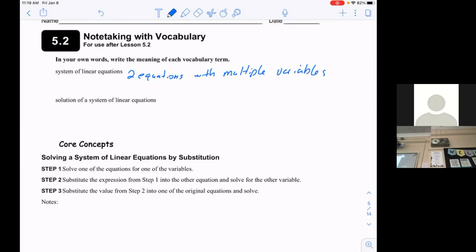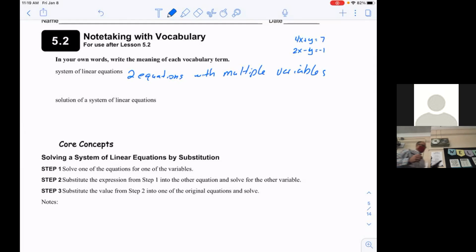And I should actually say the same two variables. So like 4x plus y equals 7, and 2x minus y equals -1. That would be an example of a system of equations.